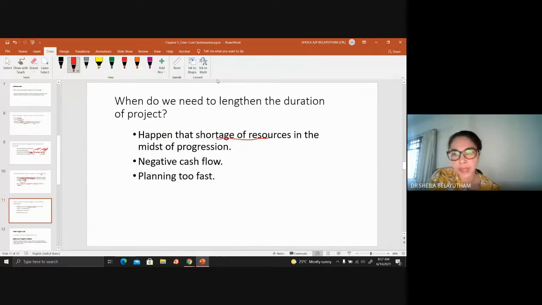Especially if you try other suppliers but still cannot get such material, you might need to lengthen the duration. Especially for material that does not have much supply, or has been imported but you are still short on it. Those are the reasons you might want to lengthen the project duration, because you don't have the material required in hand, unless the client allows the substitution of the material.